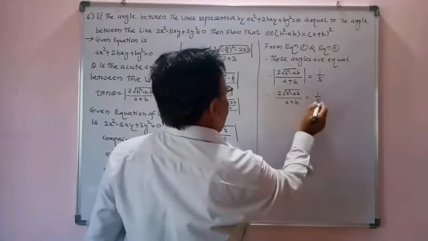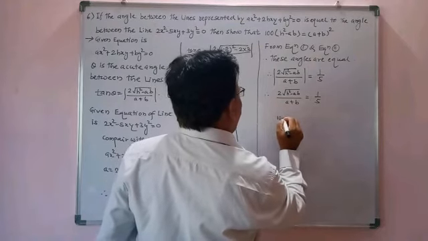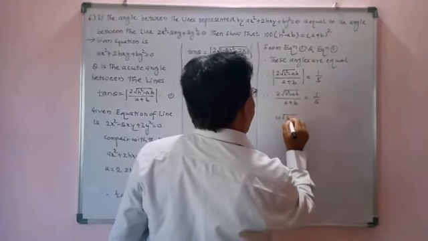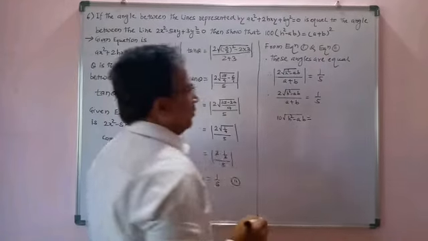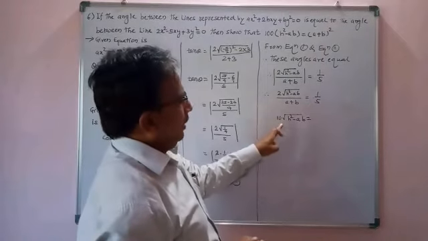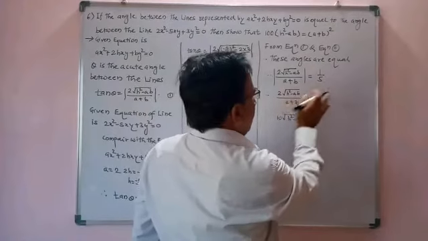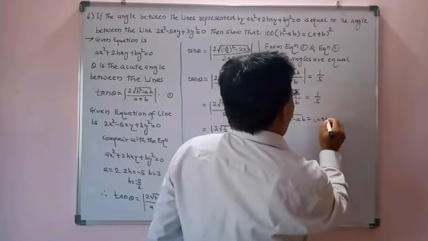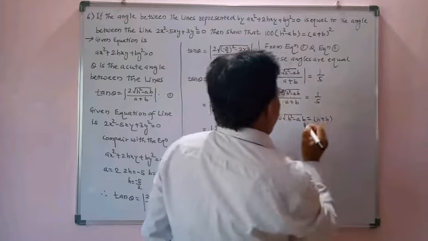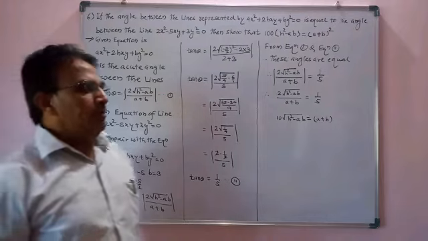Cross multiplying, 5 into 2 is 10, so 10√(h² − ab) = a + b.